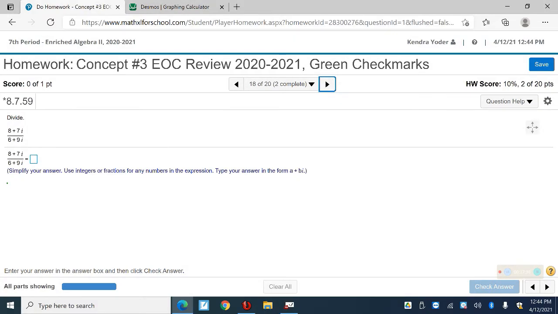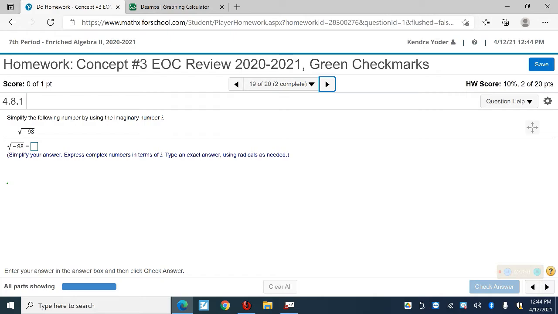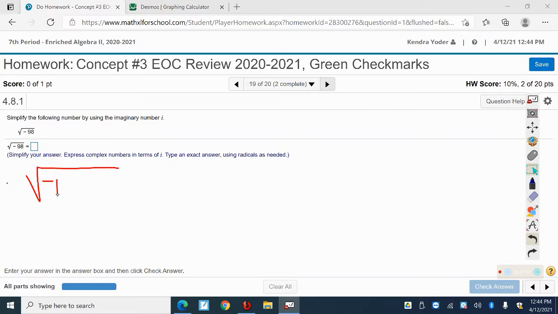Okay, same thing with this one. Square root of negative 98. This is going to be the square root of negative 1 times 98 divided by 2 is what? Somebody help me out with the calculator. 34? Negative 49.